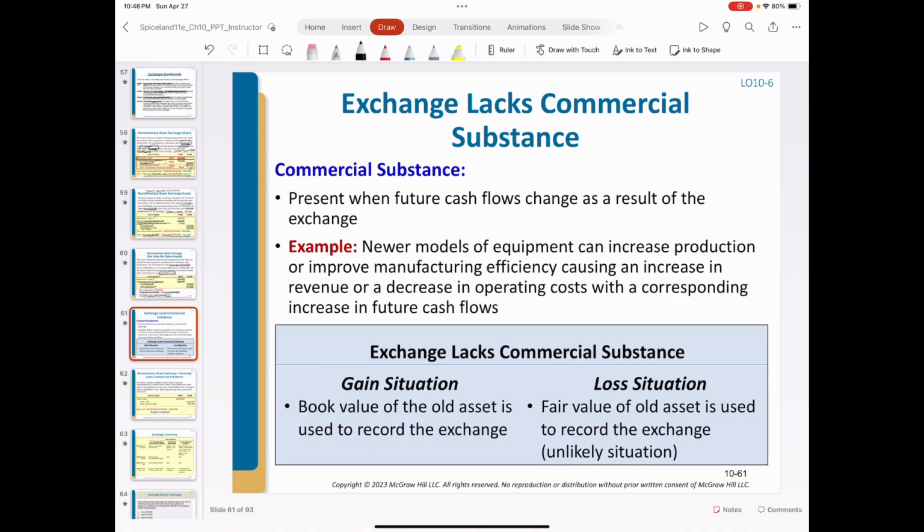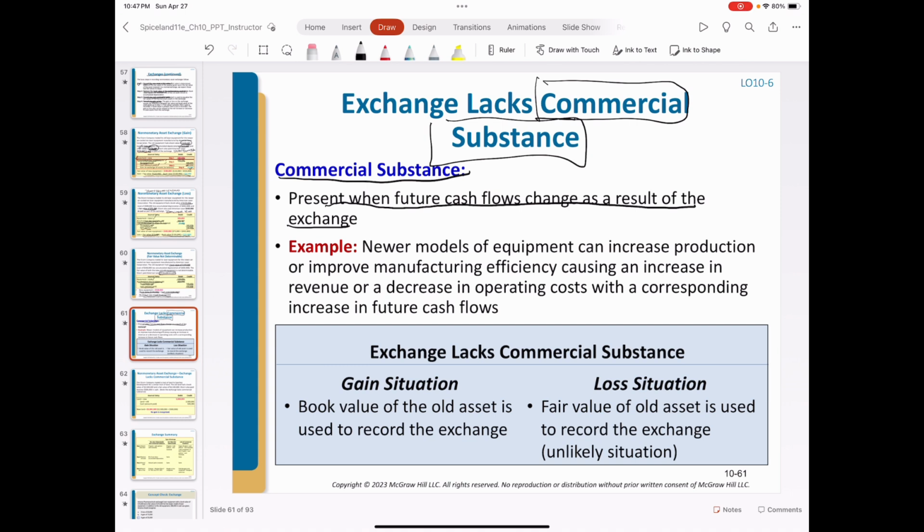All the prior three examples are based on one assumption I didn't mention. These transactions all have commercial substance. All the exchanges in the prior slides have commercial substance. The definition of commercial substance is that the exchange can have an impact on the firm's future cash flow, a significant increase or decrease.